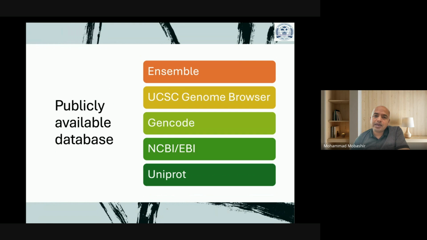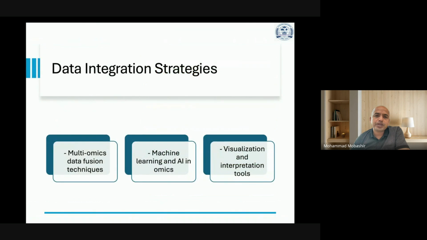Publicly available databases for multiple purposes, for example, to get the reference genomes, gene sequences, and many more things. And they are Ensembl, UCSC Genome Browser, GENCODE, NCBI, EBI, UniProt.